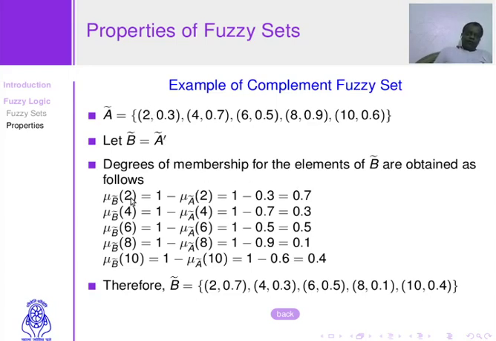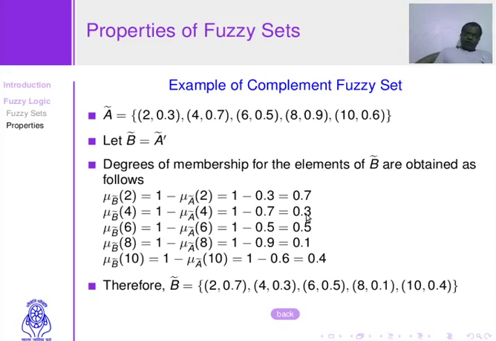For element 2, subtract the corresponding degree of membership for fuzzy set A, that is 0.3, from 1, and we obtain 0.7. In the same way, for all the elements, the degrees of membership for fuzzy set A are subtracted from 1, and we obtain the corresponding degrees of membership for fuzzy set B, which is the complement of fuzzy set A.